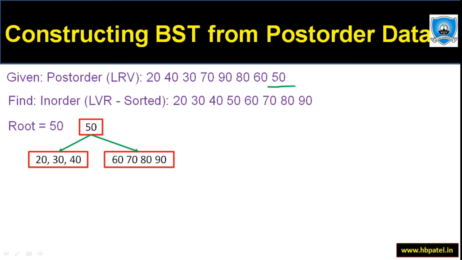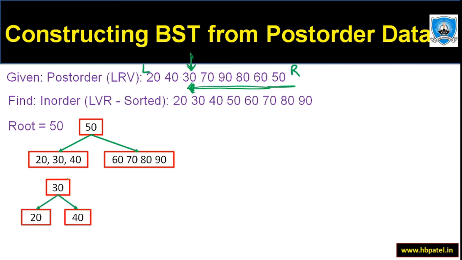In this one, 20, 30 and 40, you can see that 30 comes first, because in post order we scan from right to left. In earlier case we scan from left to right. So we scan from right side and we go all the way up to left, and we see that 30 comes first. So I'll be making 30 a root, and then for 30 something is on the left, something is on the right. So 20 is on the left and 40 is on the right.